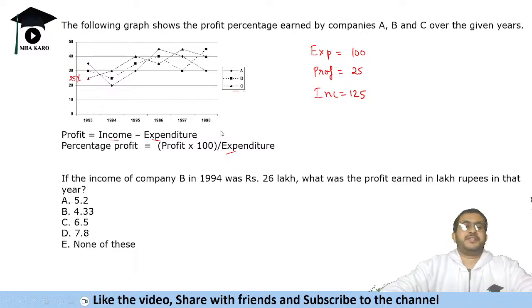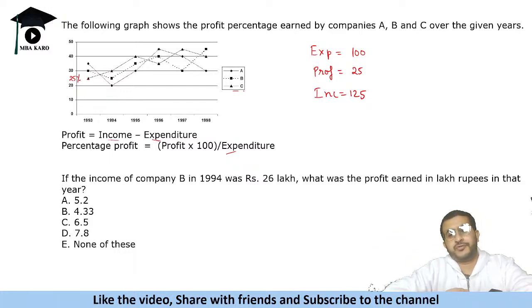So the question is, if the income of company B in 1994 was 26 lakh, what was the profit earned in lakh rupees in that year? Income दिए, we need to find the profit earned.